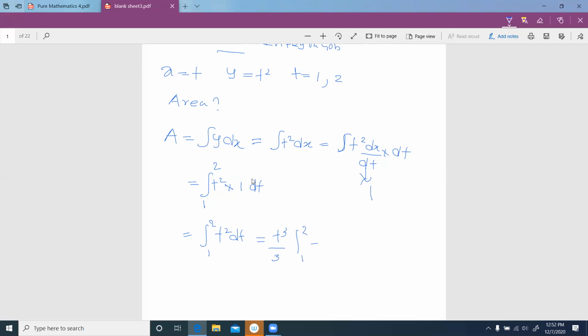So that is 2 cubed over 3 minus 1 cubed over 3. It turns out to be 7 over 3 as the answer. That's a way of doing parametric integration. Is that clear, children?